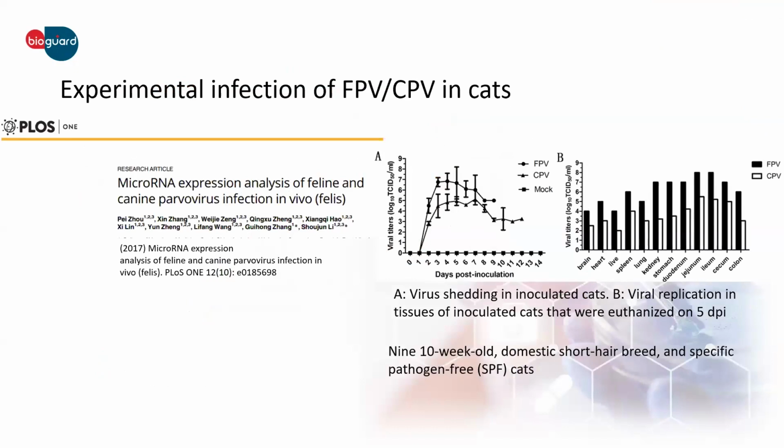This is an experimental infection of FPV and CPV in cats. This study was done in 2017. They analyzed feline and canine parvovirus infection in vivo, with an experimental infection study in cats with both FPV and CPV2b.